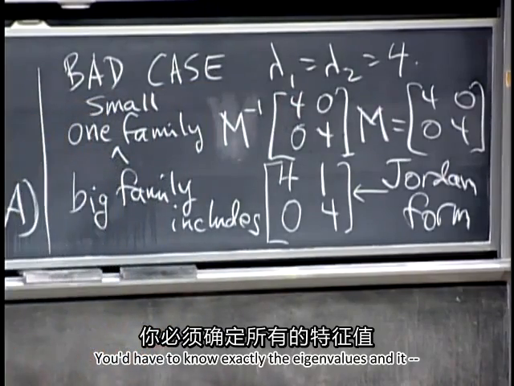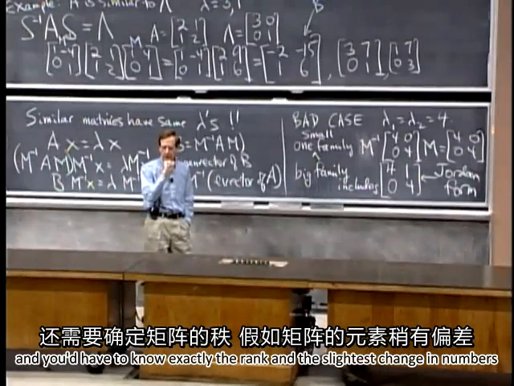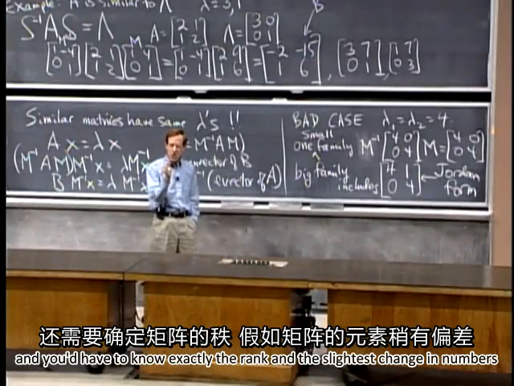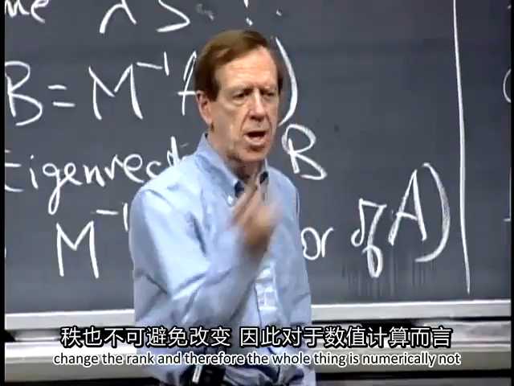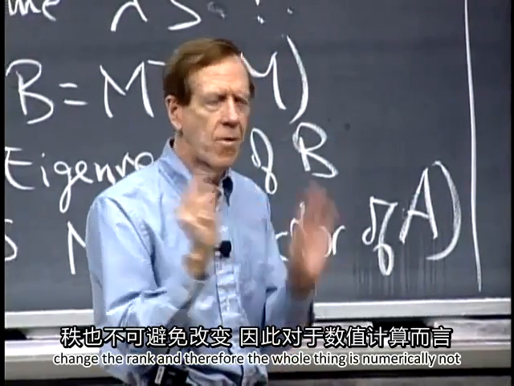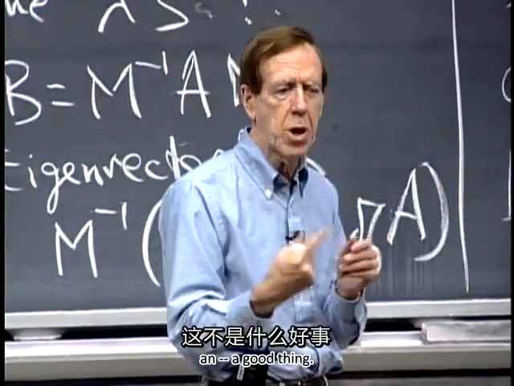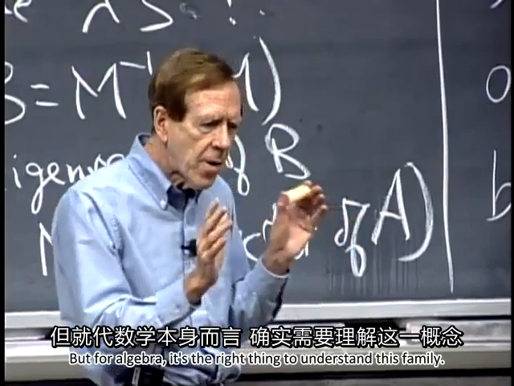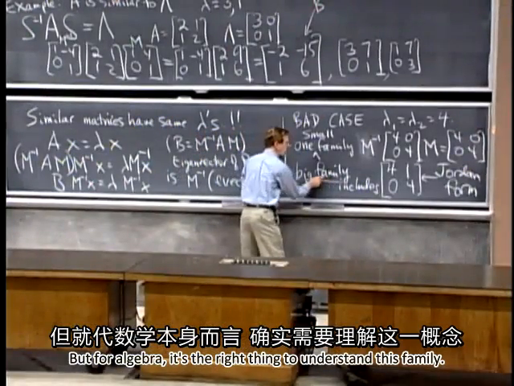You'd have to know exactly the eigenvalues, and you'd have to know exactly the rank, and the slightest change in numbers will change those eigenvalues, change the rank, and therefore the whole thing is numerically not a good thing. But for algebra, it's the right thing to understand this family.